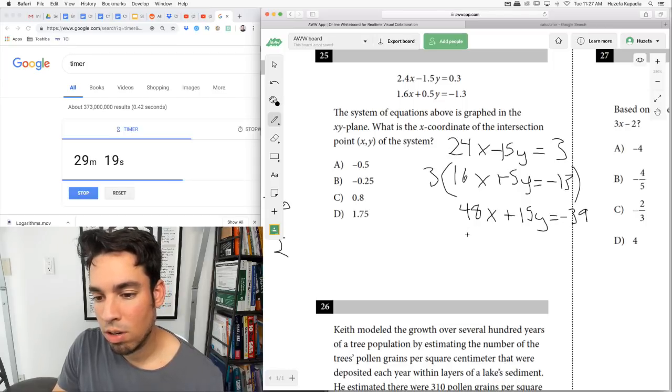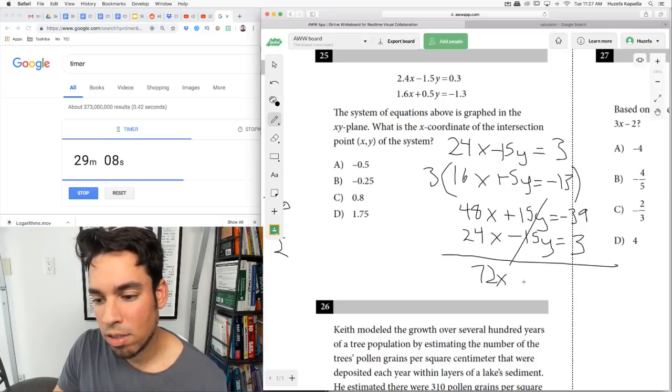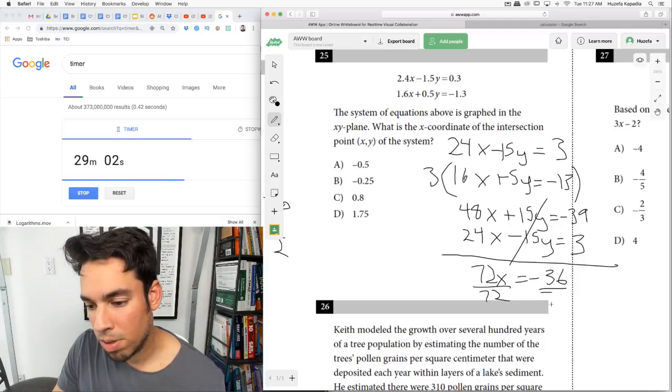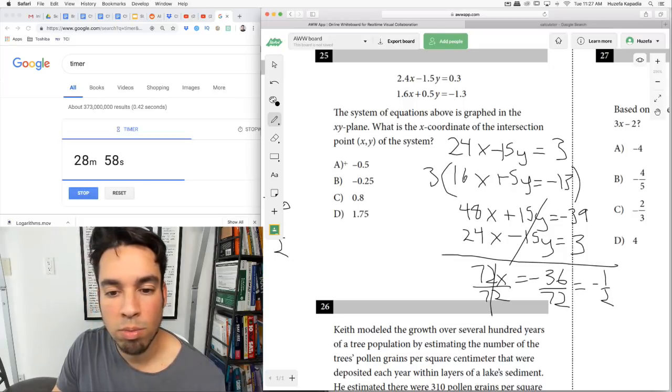And then let's bring this one down here. 24x minus 15y equals 3. Add these two together. Those cancel out. That's 72x equals negative 36. Divide by 72, divide by 72. X equals negative 1/2 or negative 0.5.